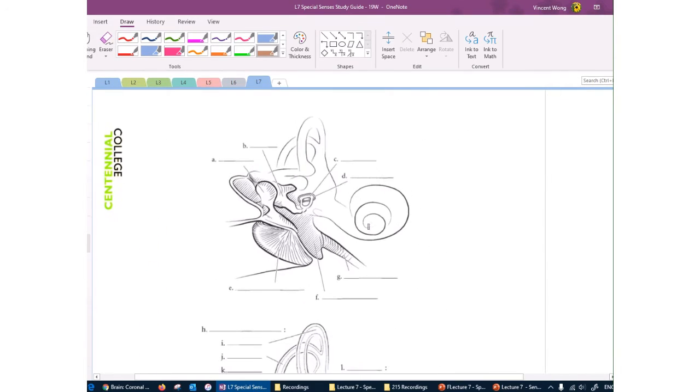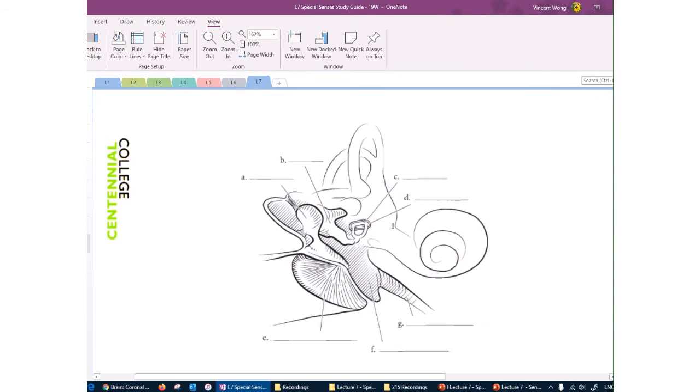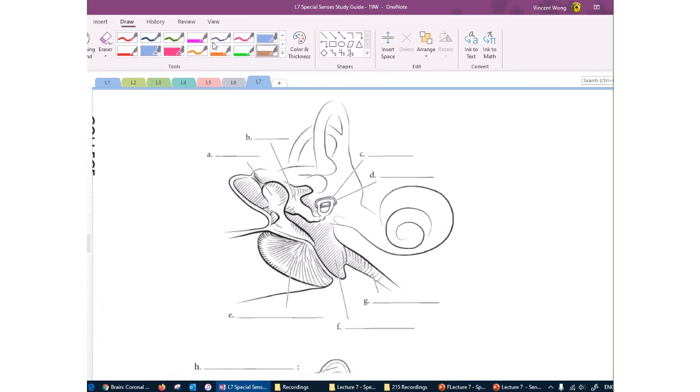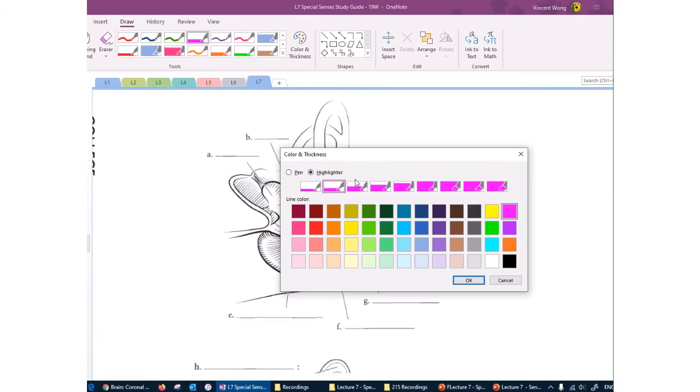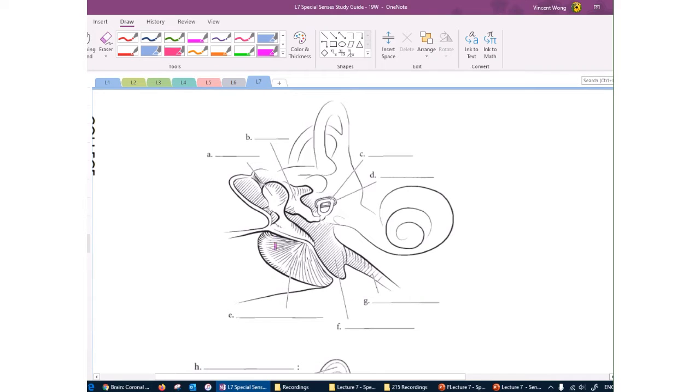Moving on, this is taking a closer look at the middle ear and the inner ear. So you can see we have the tympanic membrane once again, and that's shown right here. That is the tympanic membrane converting sound energy into movements. Right?